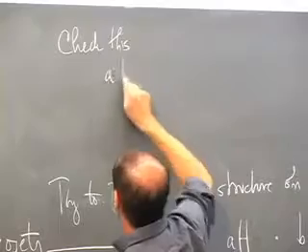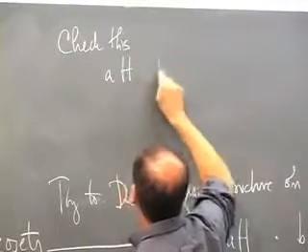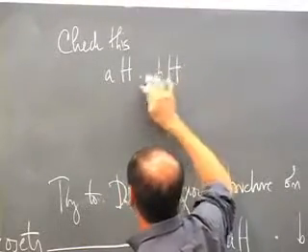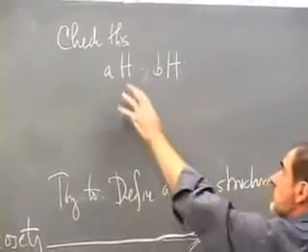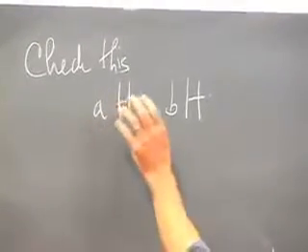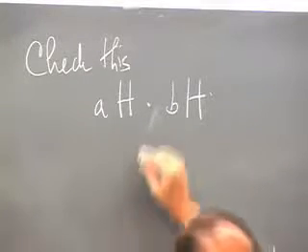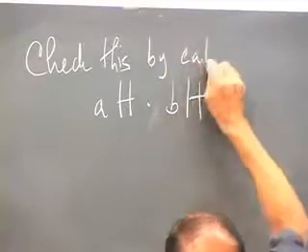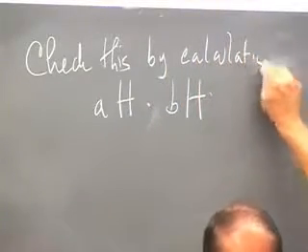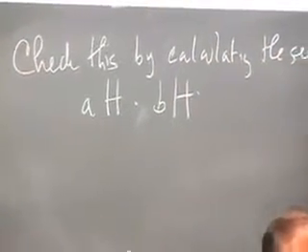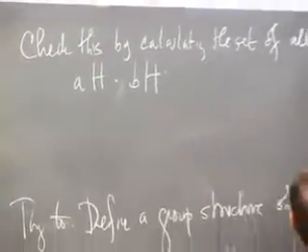Well, suppose we multiply AH by BH, and by this I mean take any element in here and multiply it by any element in there as sets. Let's just calculate the set by calculating the set of all products.